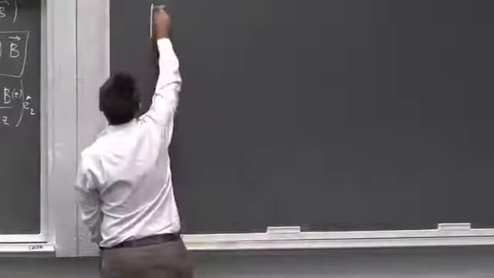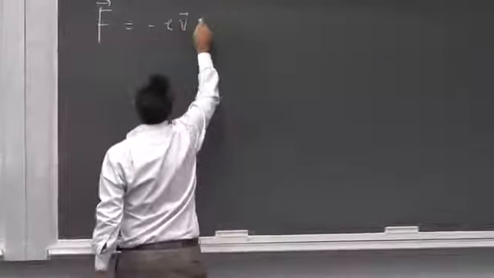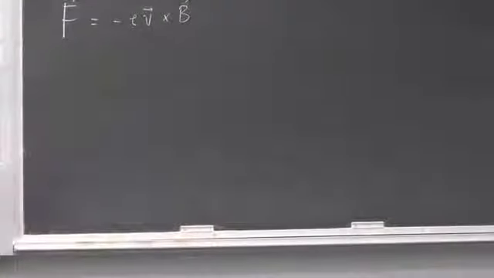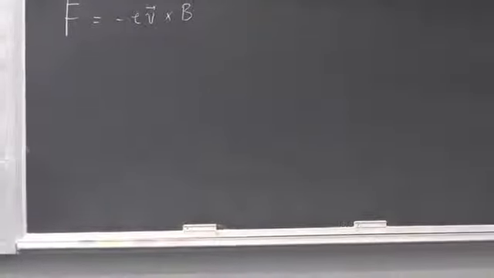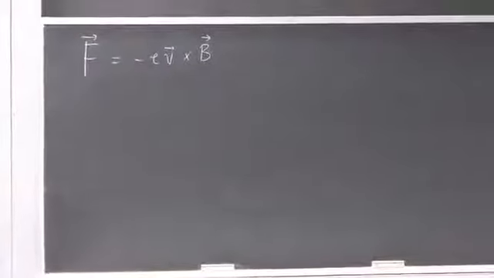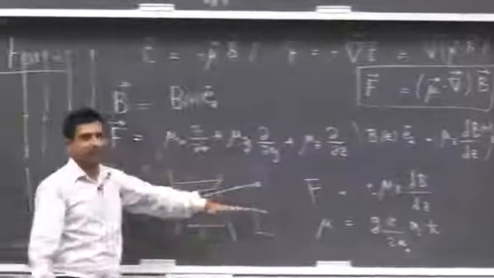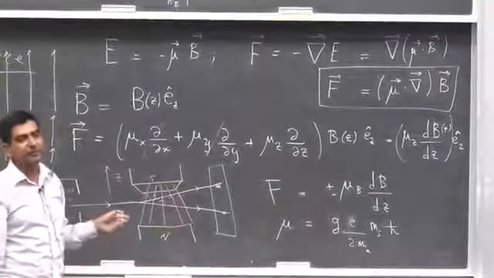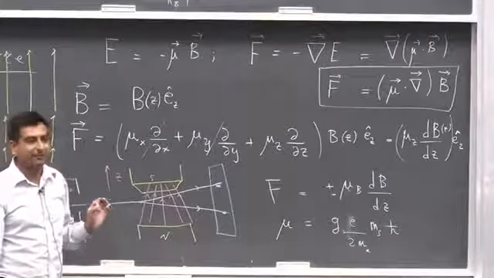For an electron, it's given by minus e v crossed with B. So if an electron was moving in this direction and the field was pointing upward, you would have a force pointing in this direction because it's a negatively charged particle. So you would have a force in this plane. So the force will change. So it's not easy to perform the same experiment with free electrons, but nevertheless it is possible.